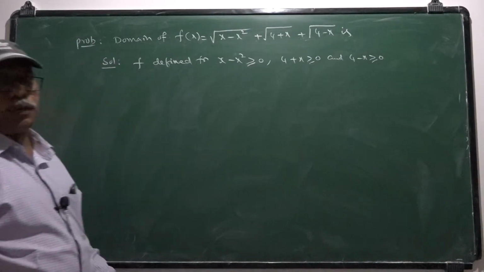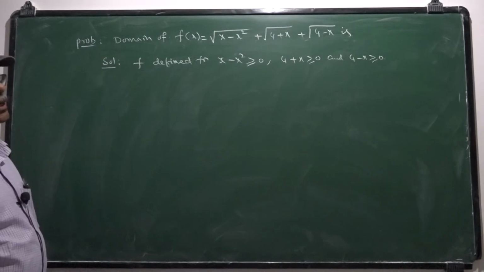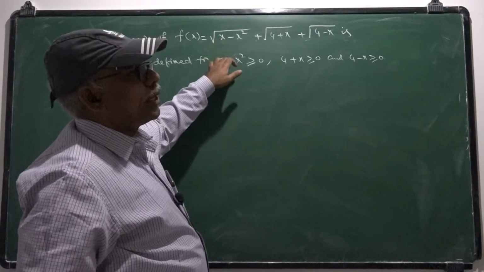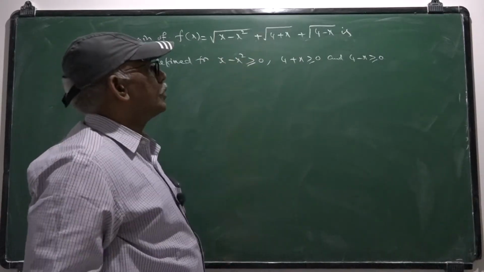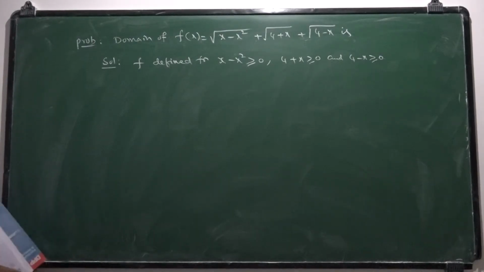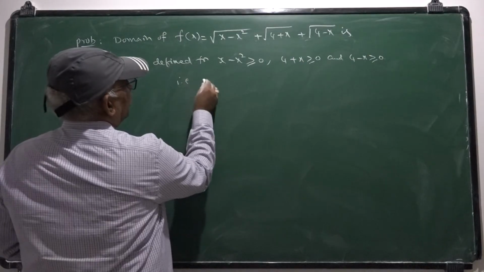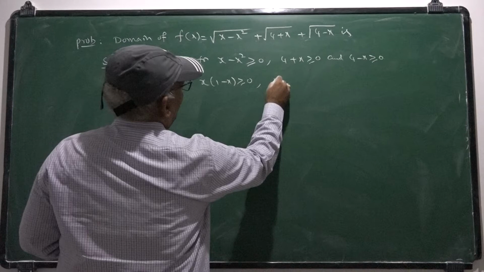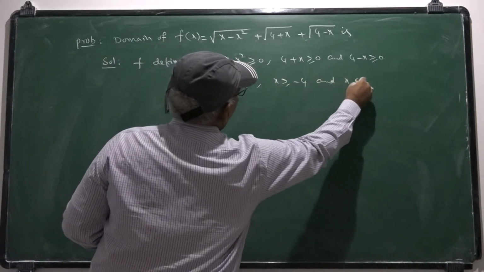All the terms in the given function are square roots. Hence, the square root is valid only for non-negative reals. That is x into 1 minus x greater than or equal to 0 and x greater than or equal to minus 4. Moreover, x less than or equal to 4.